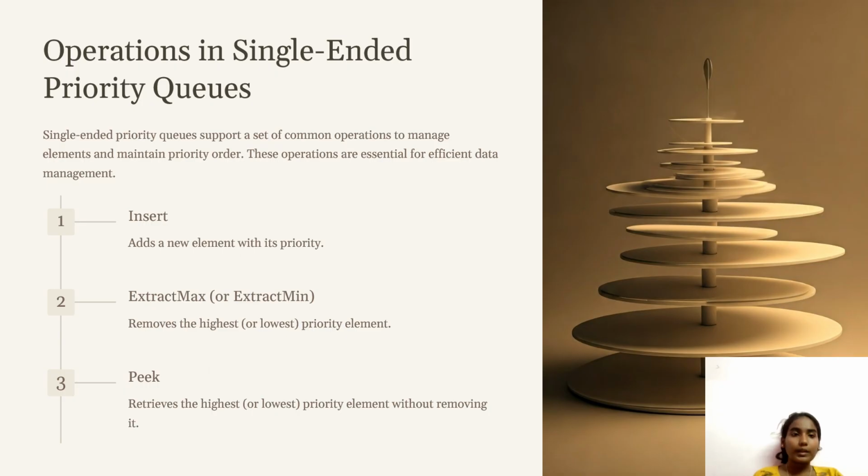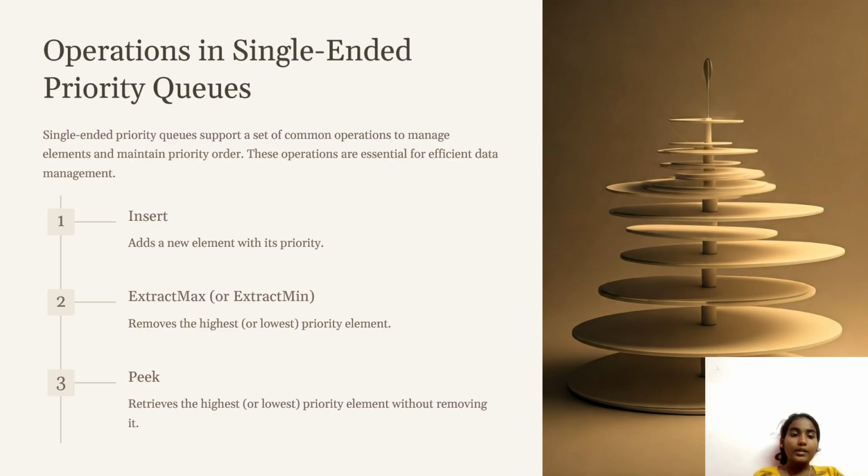Operations in single-ended priority queues. Single-ended priority queues support a set of common operations to manage elements and maintain priority order. These operations are essential for efficient data management. The operations we follow in single-ended priority queues are insert, extract max or extract min, and peek.